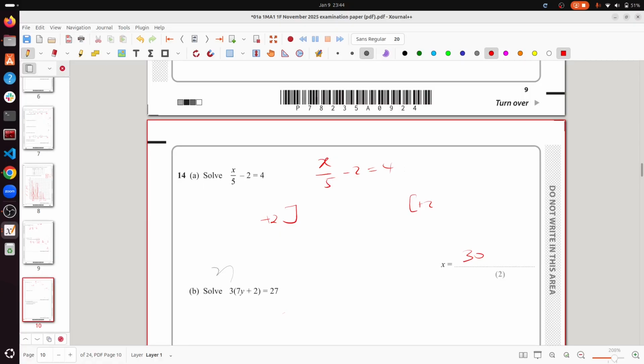So that gives me x over 5 is equal to 4 plus 2, which gives me 6. And remember, to clear fractions, I do the inverse of division, which is multiply by 5. Multiply by 5, and that gives me x is equal to 6 times by 5. That gives me 30, which is the same answer as what we have there.